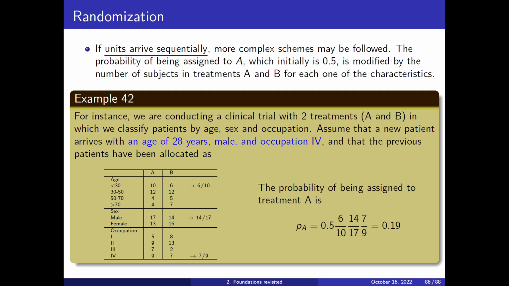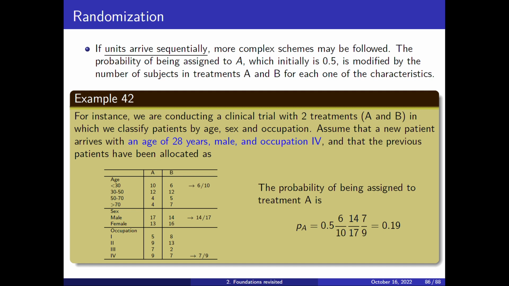And we may also make this randomization by blocks, or considering blocks. So let's say that units arrive sequentially, and there are a number of variables that you think may affect your results.